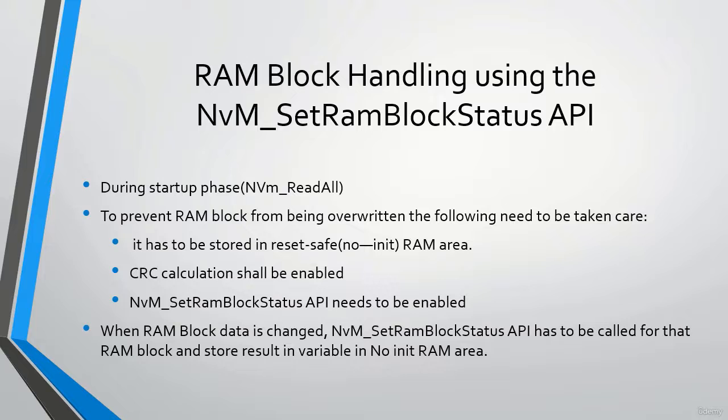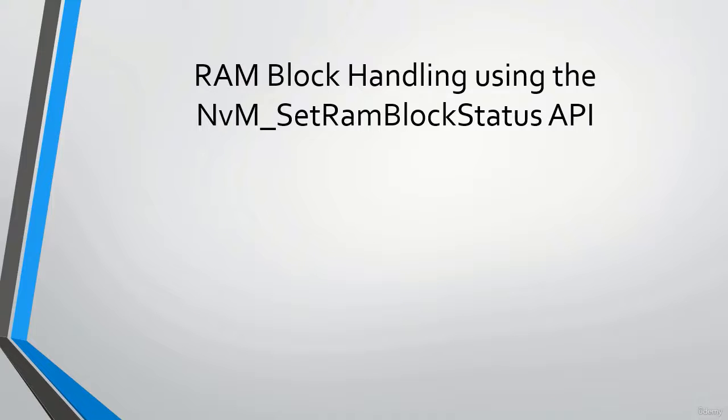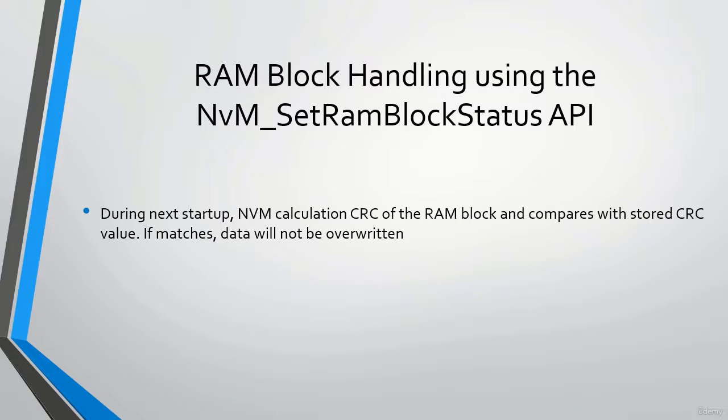So for any change in the RAM block, we first set the RAM block status and then store the result in a no init RAM area, so that even after a reset we'll have this value preserved. During the next startup, NVM will calculate the CRC of the RAM block and compare it with the stored CRC value.